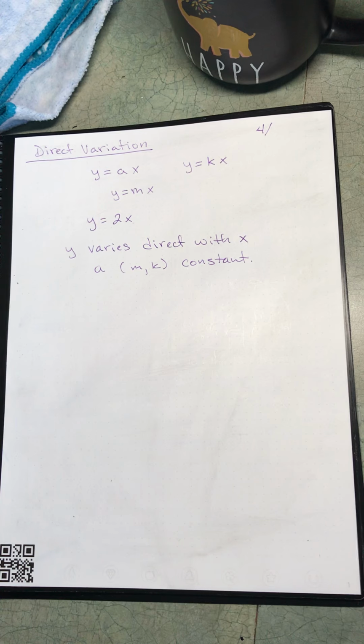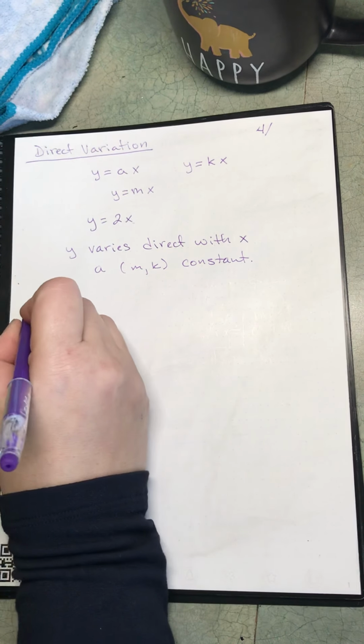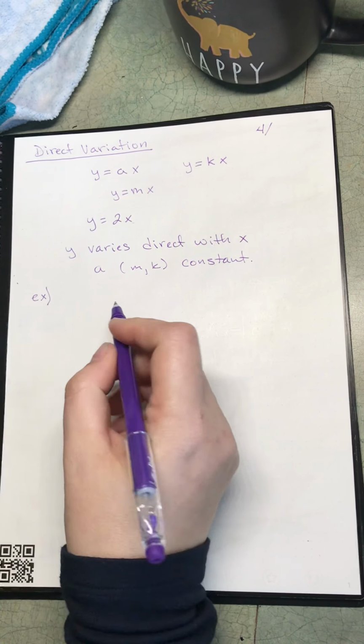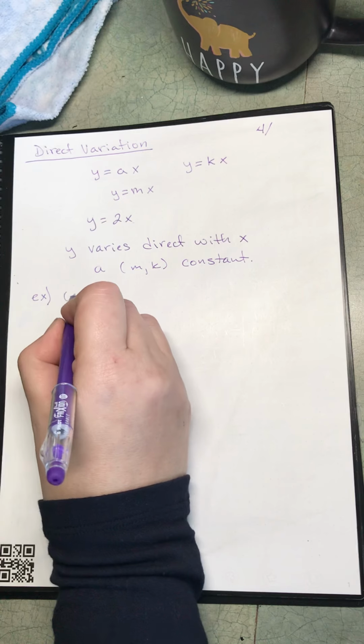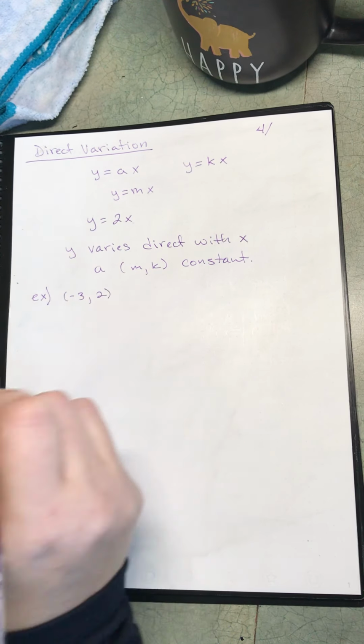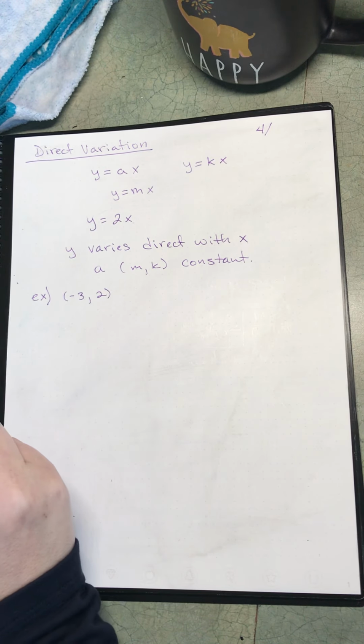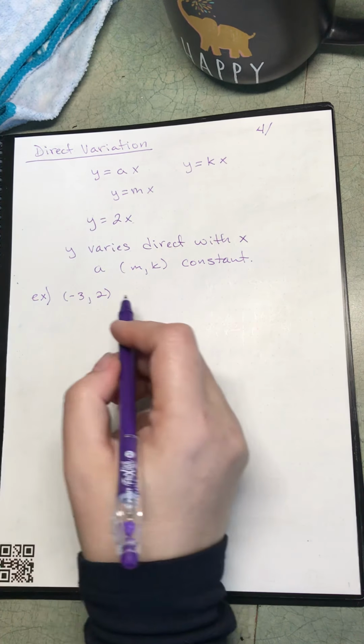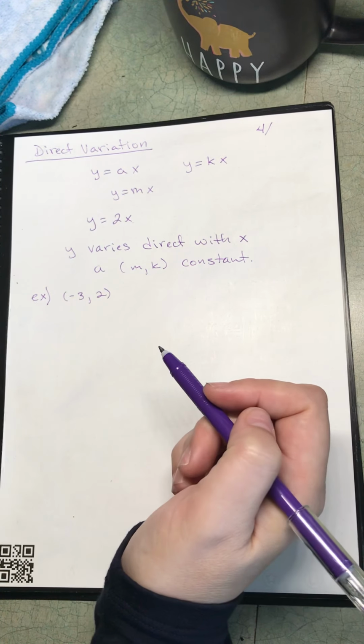Alright. So let's say they give us a point. Here's an example. They give us a point, -3, 2. And they tell us to write a direct variation equation that goes through this point.